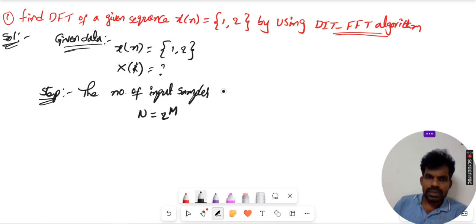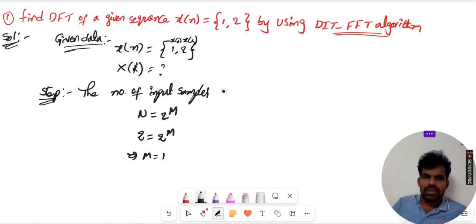So from the given data, x of n is 1, 2. Here x of 0th position, here x of 1st position. So capital N value is 2 power m, from which m is equal to 1. This one is step 1.